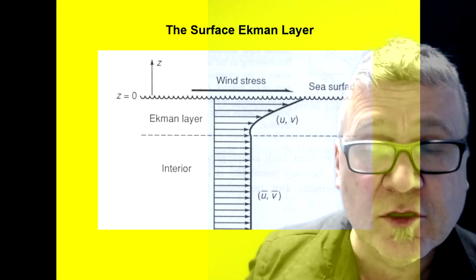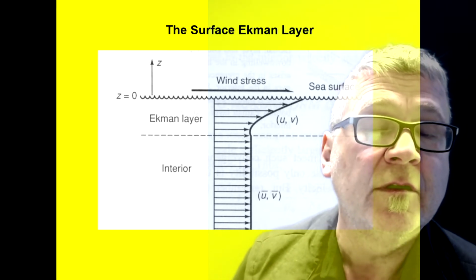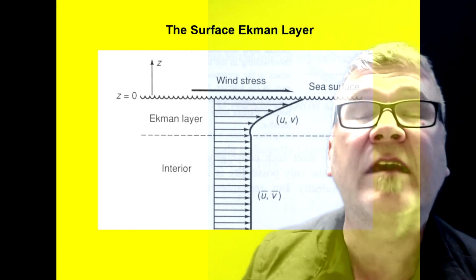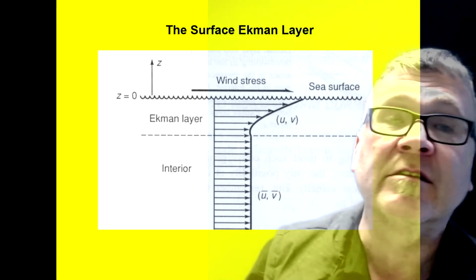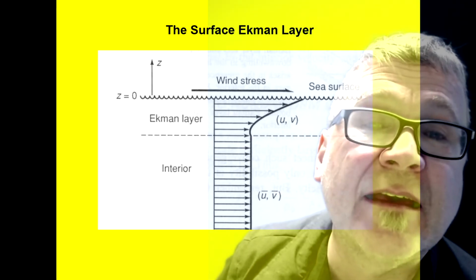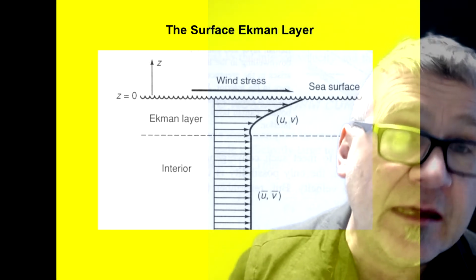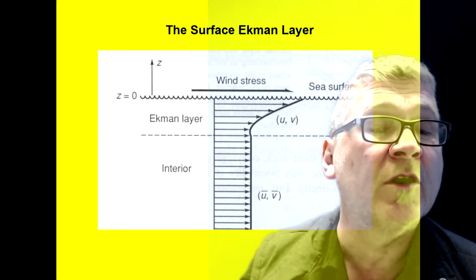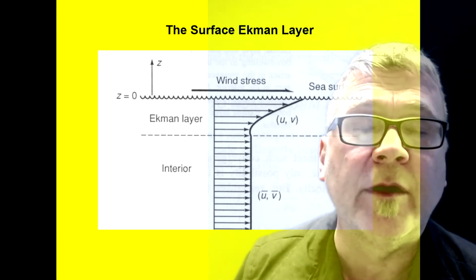What happens in the ocean is that if wind stress acts along the surface, on a time scale of several days, you get an acceleration near the surface, the Coriolis force kicks in, you have vertical friction between the individual layers in the ocean, and an Ekman layer is formed.